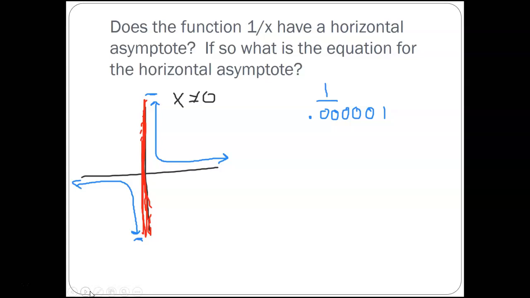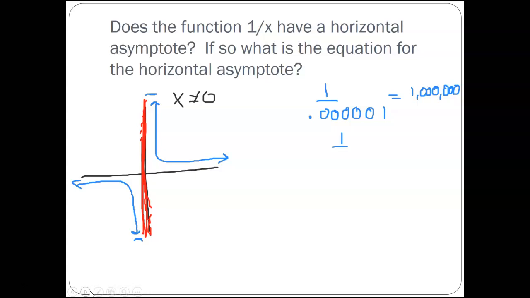So when you flip it, you end up getting 1 million. So 1 over something really small is really big.